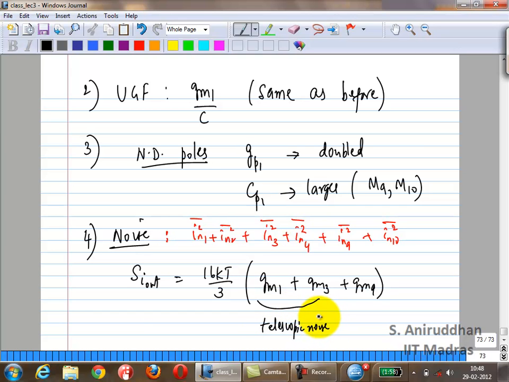So noise of the folded cascode is definitely larger, correct? What can you say about GM9? It's probably quite large because remember M9 and M10 are larger devices, they carry larger current. So quite possibly GM9 and GM10 are going to be significant. So the noise is going to be significantly more, okay?